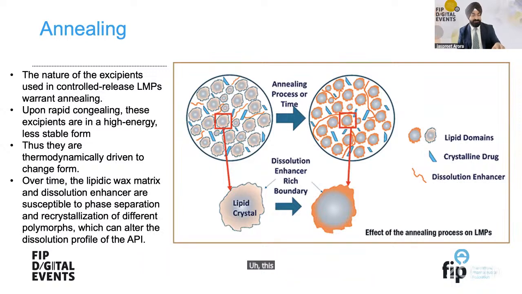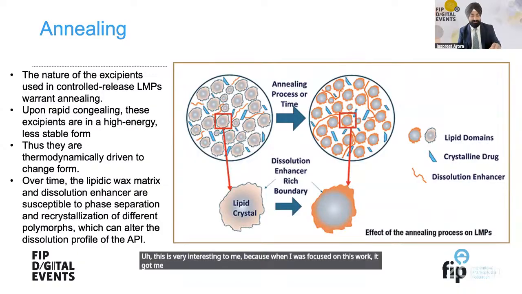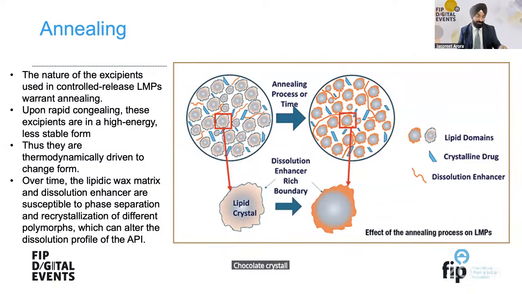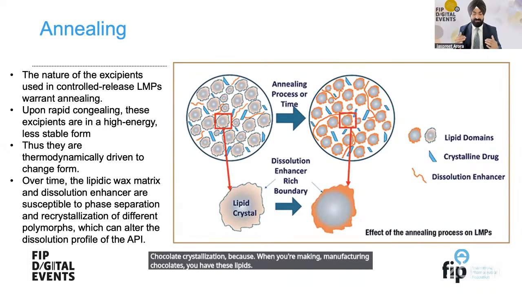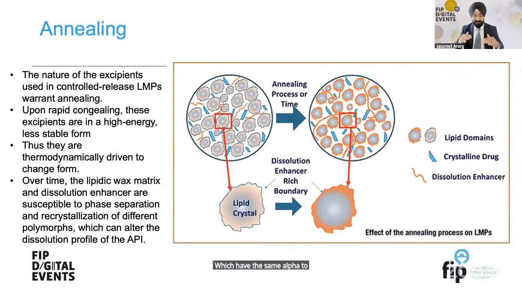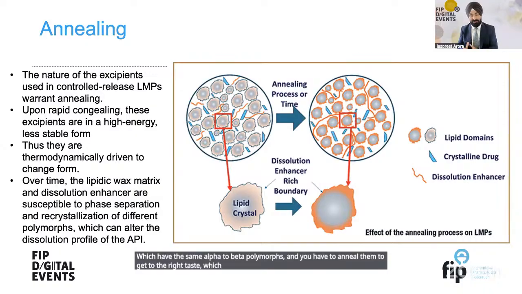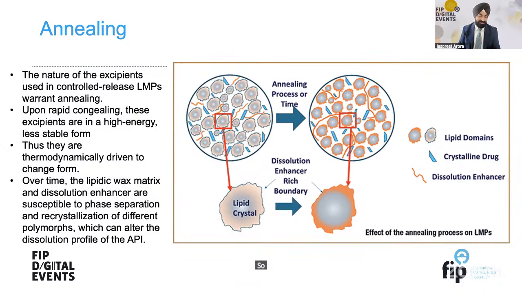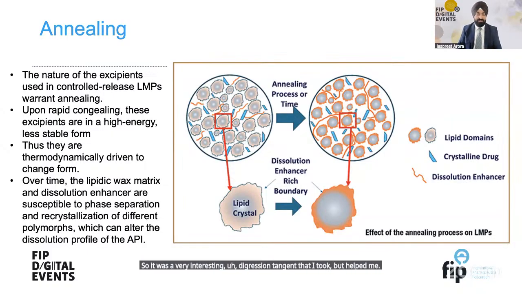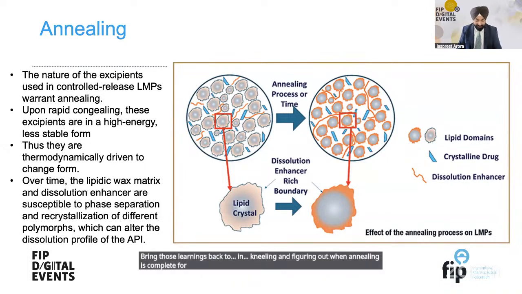This is very interesting to me because when I was focused on this work, it got me to read a lot about chocolate crystallization, because when you're manufacturing chocolates, you have these lipids which have the same alpha to beta polymorphs, and you have to anneal them to get to the right taste, which is based on the right polymorph mix. So it was a very interesting digression, a tangent that I took, but it helped me bring those learnings back to annealing and figuring out when annealing is complete for lipid multiparticulates.